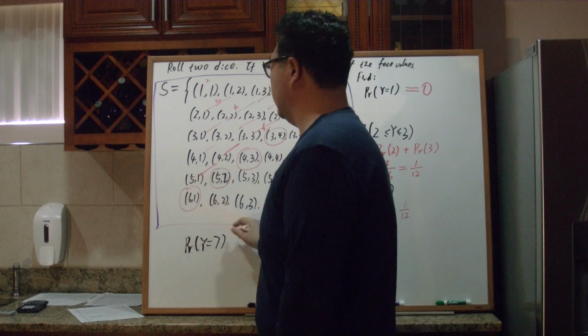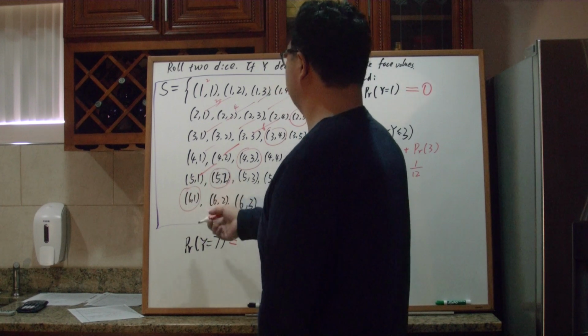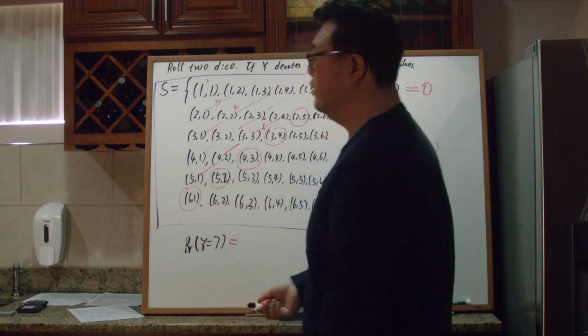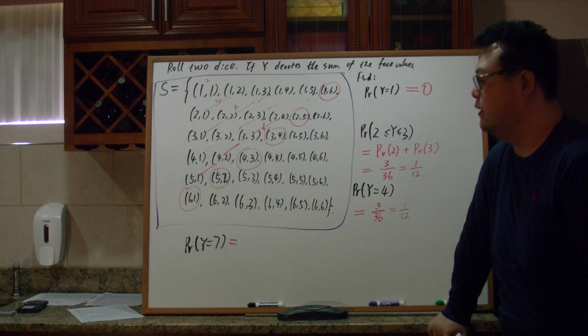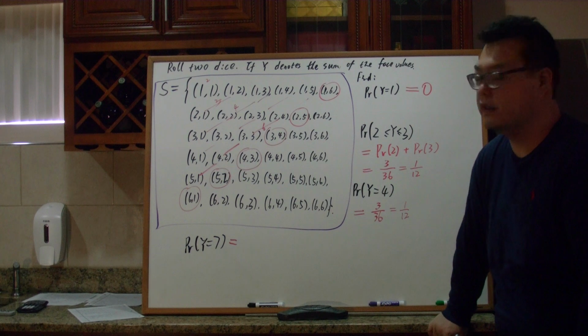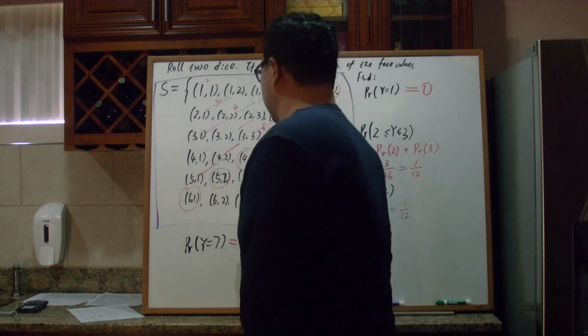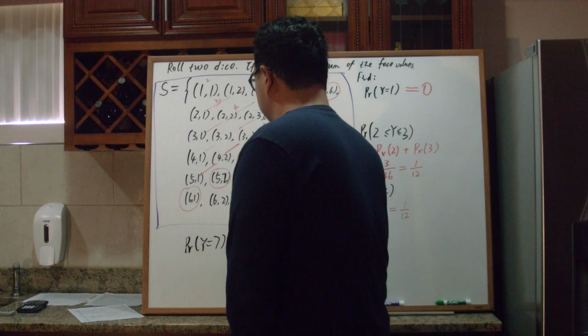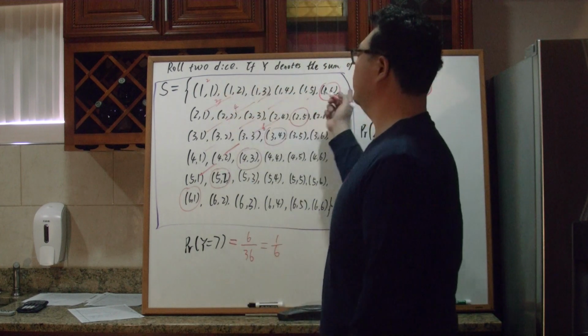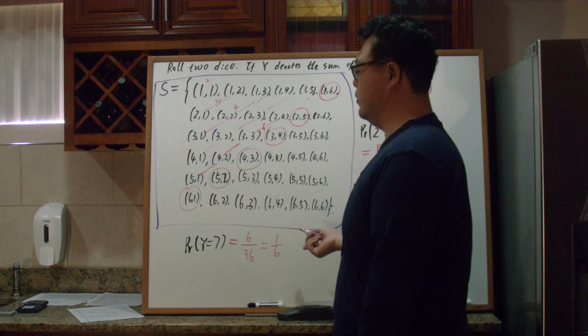The sum to be 7, that we have is 1,6, 2,5, 3,4, 4,3, 5,2, and 6,1. That we have 6 of the outcomes. 6 outcomes inside the sample space have the event that the sum is 7. So you get 6 out of 36. If you count in total, that's 36 different outcomes in the sample space.